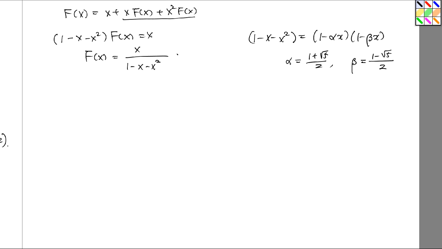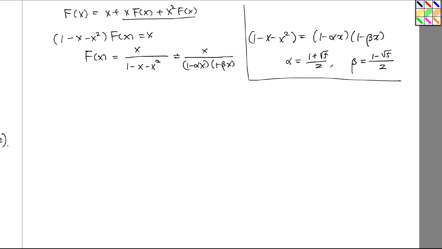So F of x is equal to x over 1 minus alpha x times 1 minus beta x. Now we can do partial fractions over here. So F of x is equal to capital A over 1 minus alpha x plus capital B over 1 minus beta x.